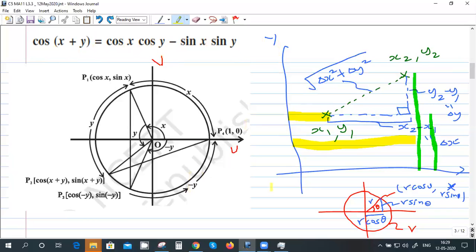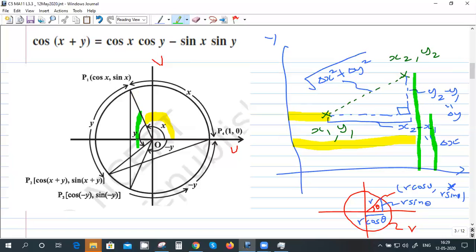So in this figure, the horizontal axis and vertical axis are there. This is angle x, from the horizontal axis to this point. And angle y is measured from here to here.